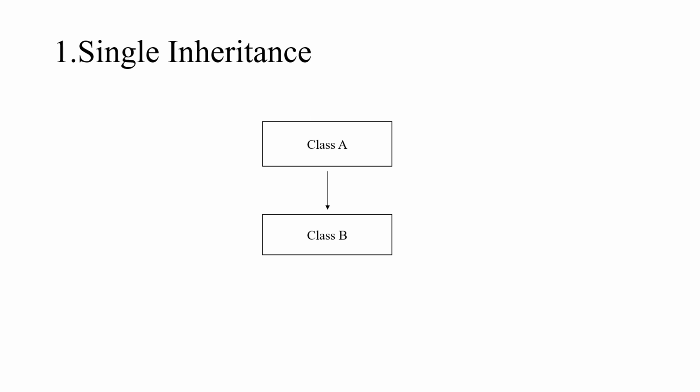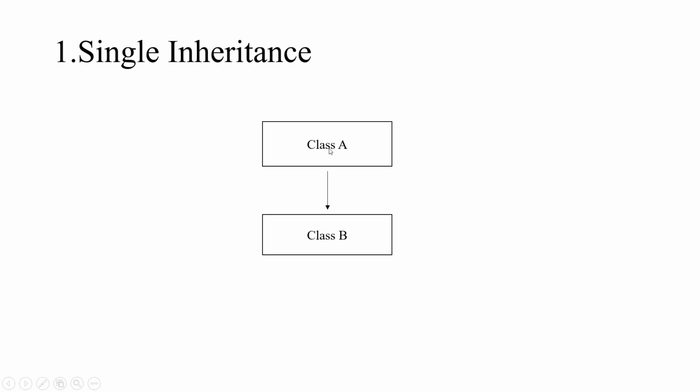In single inheritance, it is a process where a child class derives a new class from an already existing class. That is known as single inheritance. In single inheritance there is only one child class and only one superclass.